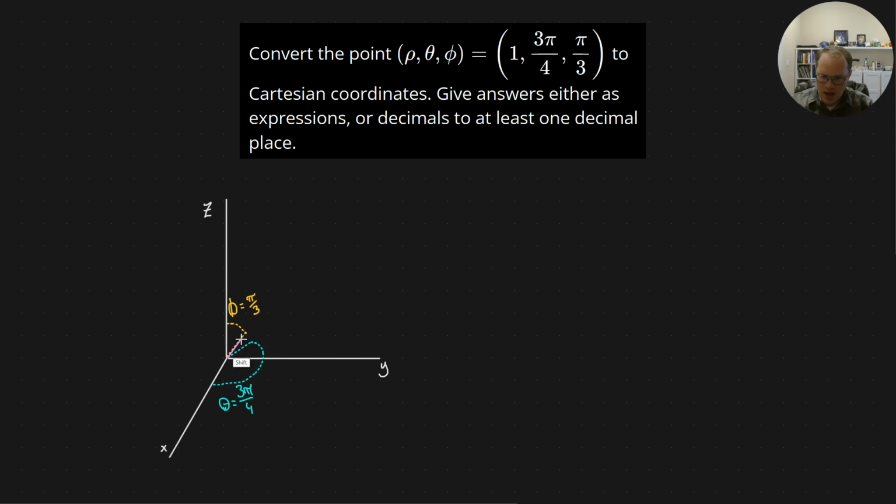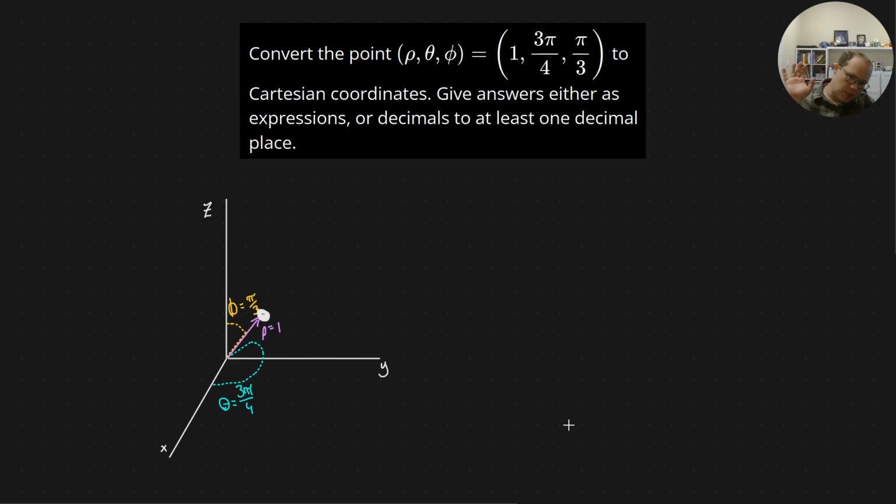This direction. And I want to go out 1 unit in that direction because my radius is 1. And so that's the point. It's going to be right here. There's the point in spherical variables.